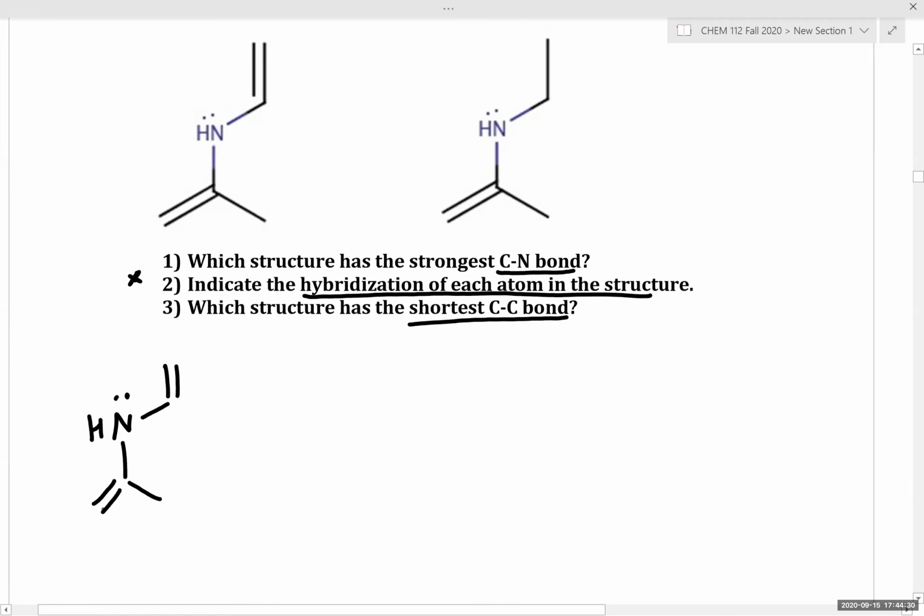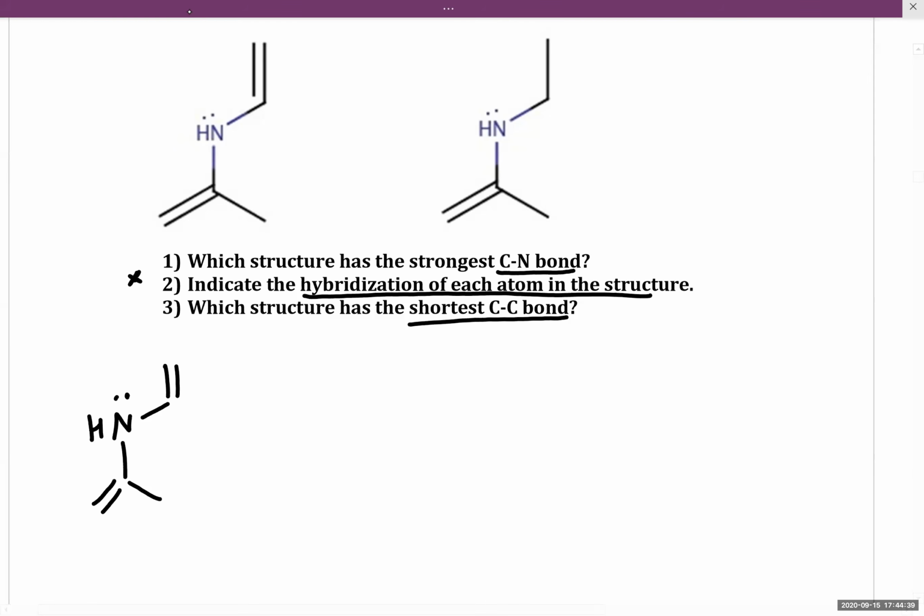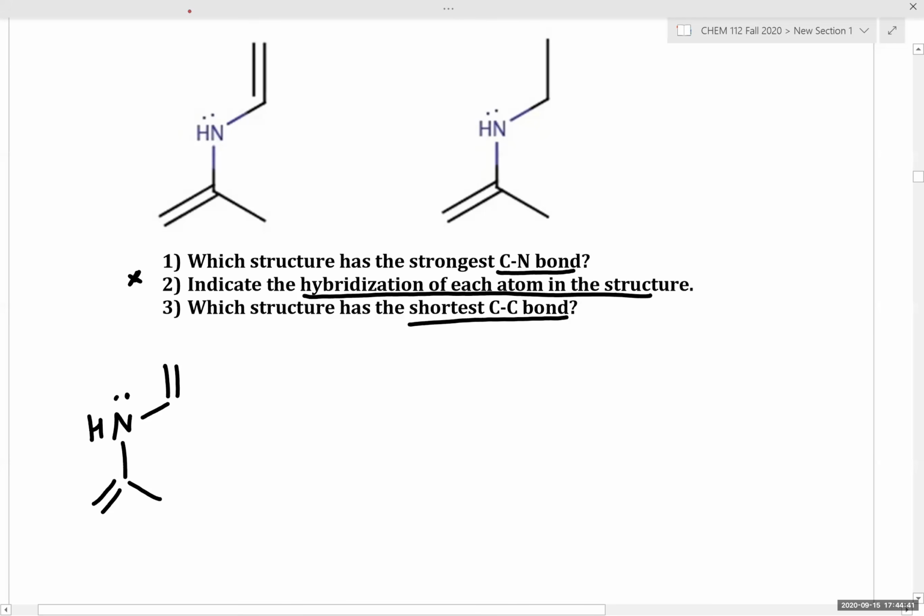When I think about resonance structures, I always like to think, where is my electron density? Where is my lone pair? And what pi bonds can I delocalize my lone pair to? So I have my lone pair adjacent to a double bond or a pi bond.